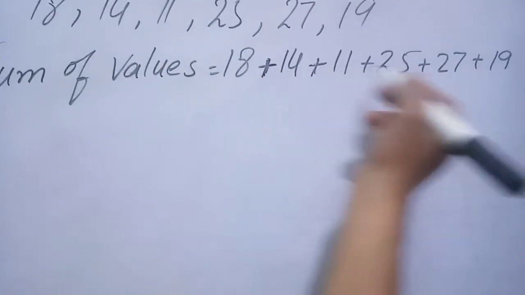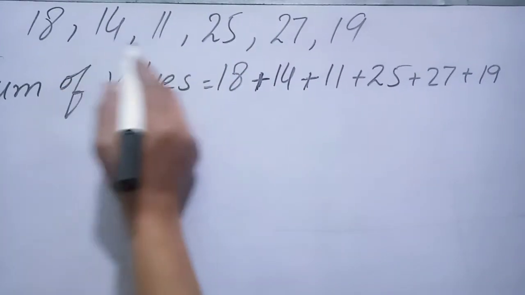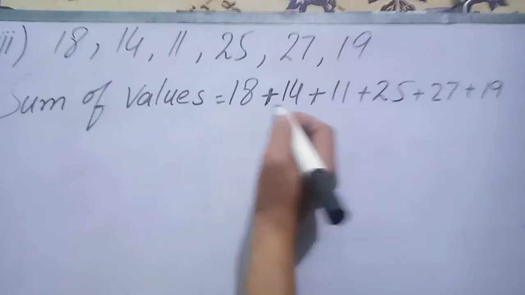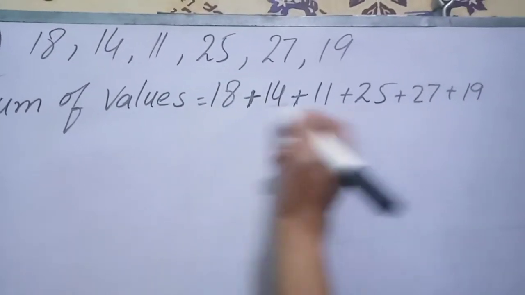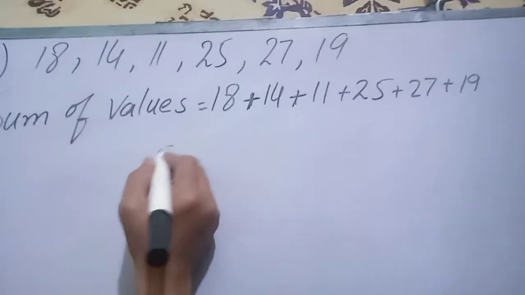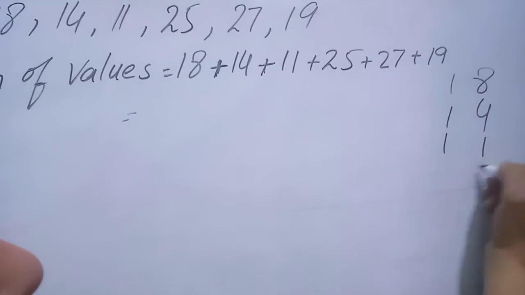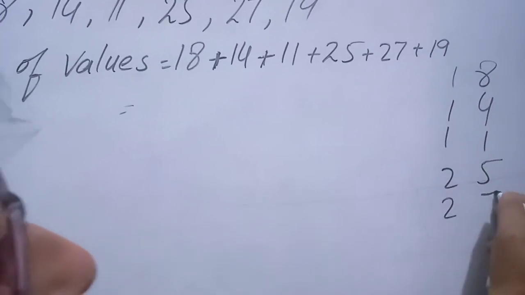It means we should add them. If you draw commas here, this will be a mistake. So we must use the addition sign in between these numbers. Now to find out the sum, again we will write these numbers vertically and then find out the sum.